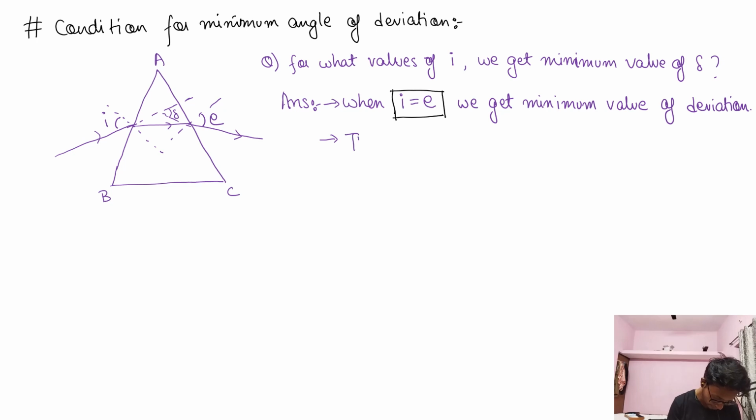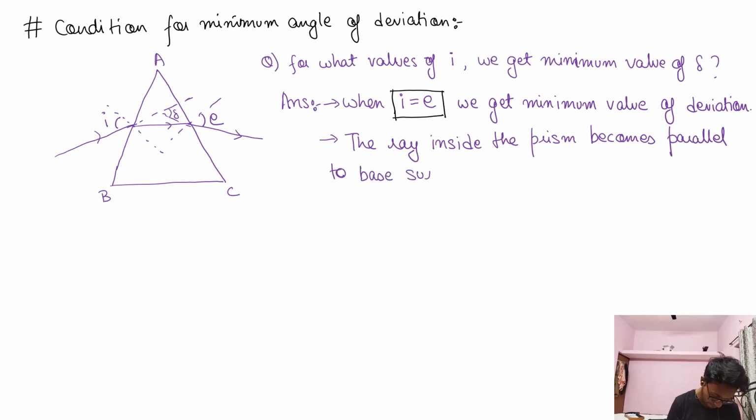So the ray inside the prism becomes parallel to the base surface. This surface is called the base.